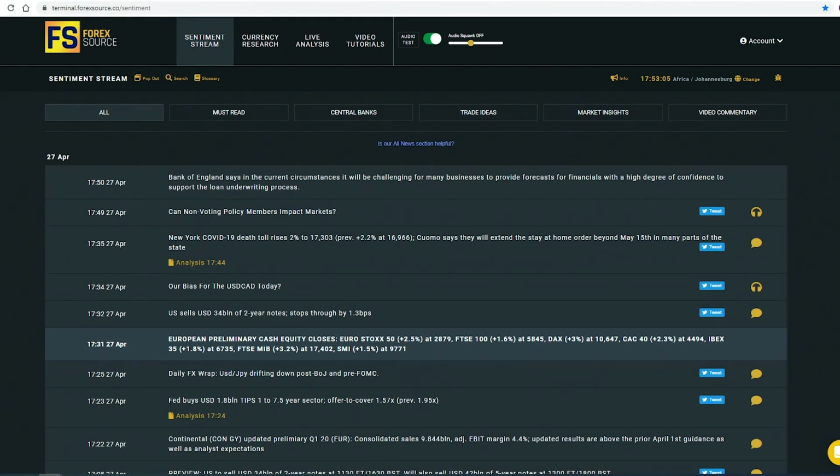It can really help to solidify your own bias for a particular currency as well. And of course, it gives you more context and helps you to fill some of the gaps which you could basically use to spot great trading opportunities, like we said, over the squawk when some significant events happen.